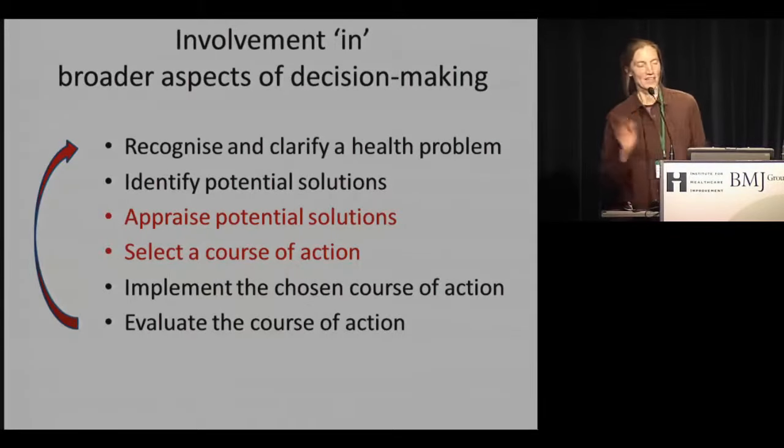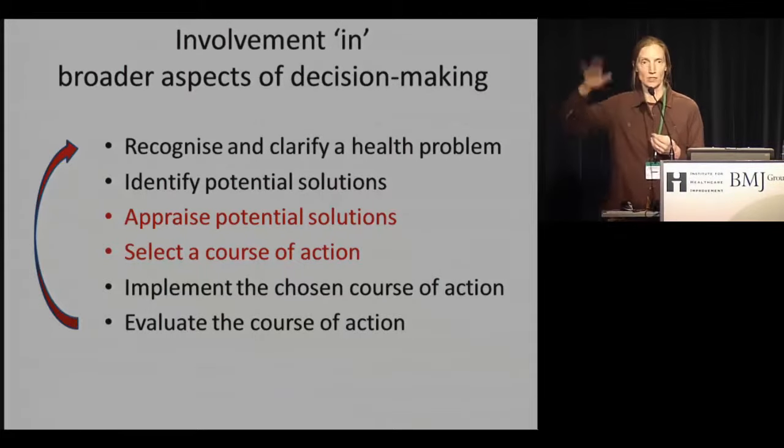Right. Okay. We also thought it might be worth broadening the activity of decision-making that we think of people as being involved in or not. So the current model, the model that draws on that respect for autonomous choices, tends to focus on people's involvement once they've been given a menu of options, in appraising those treatment options and choosing one of them.